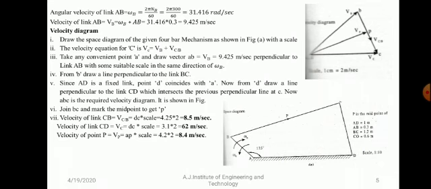What is the velocity of the point P? Velocity of the point P is calculated as AP into scale. Velocity of CD is calculated, VC is equal to DC into scale.